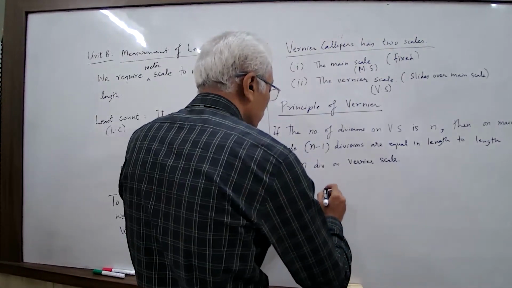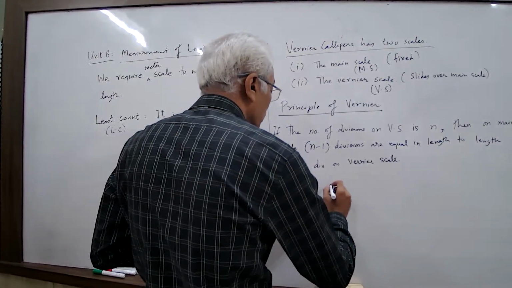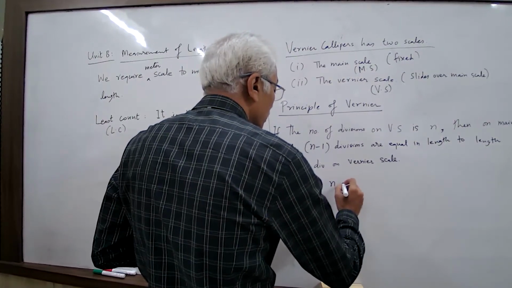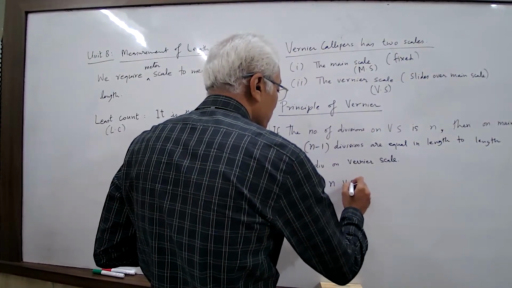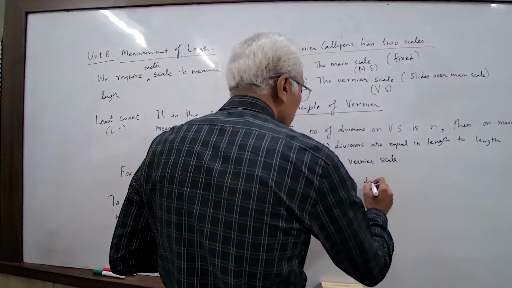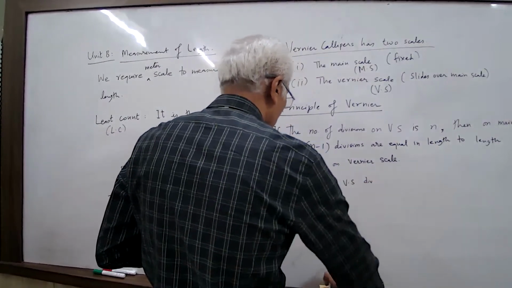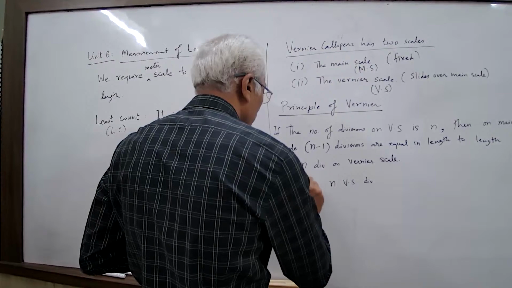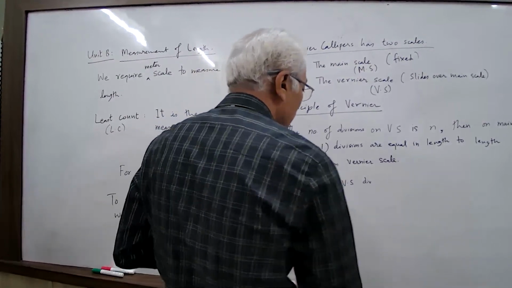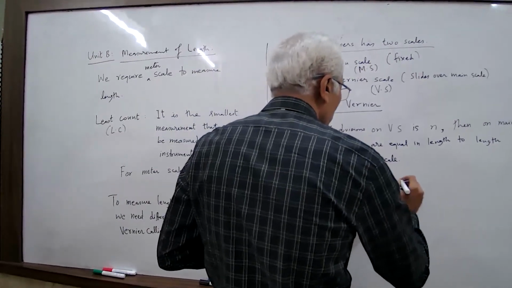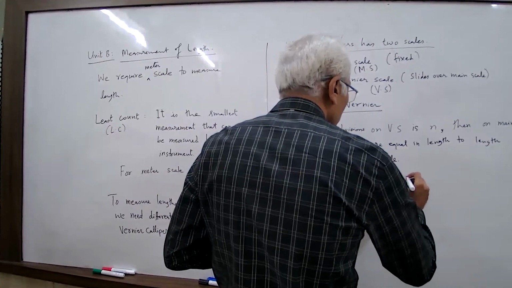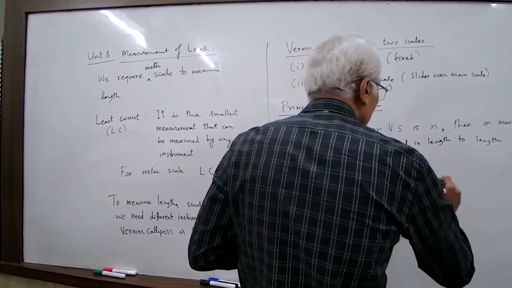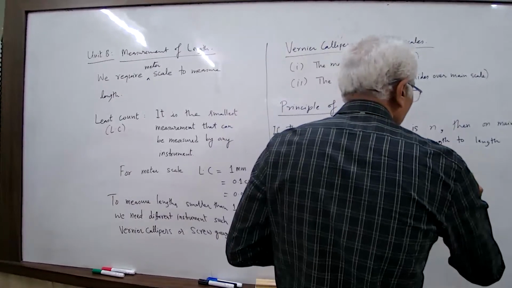So if n VS divisions, that is the length of n vernier scale divisions, is equal to the length of n minus 1 main scale divisions.